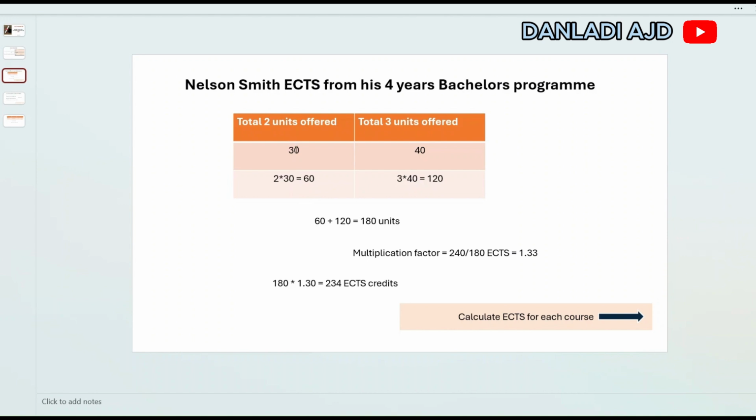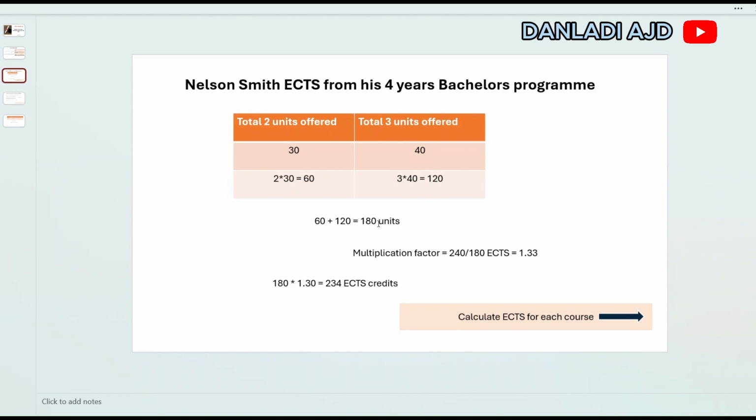Now, that 30 courses of 2 units, you will multiply by the 2 units in order to get 60 credits. So he had 60 credits for the 2 unit courses, and then for the 3 unit courses he had 120 credits.